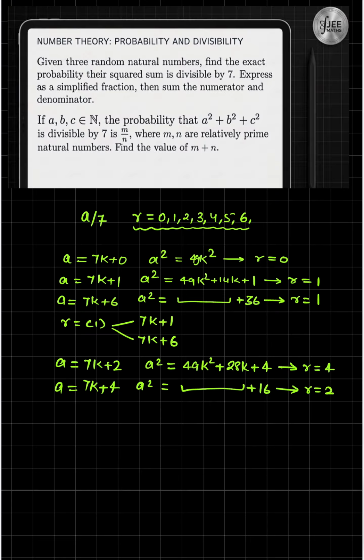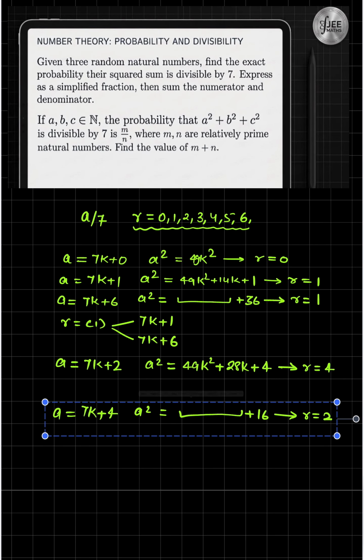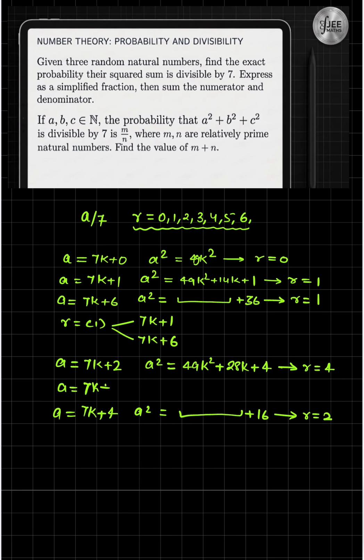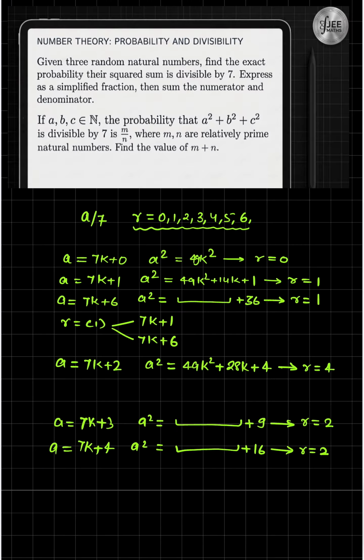Now if we choose a to be of type 7k plus 3, then on squaring, these two terms are multiples of 7 and this is 9. When we divide this by 7, we get remainder 2. Correct. And if we choose a of type 7k plus 5, then after squaring, these two terms will be multiples of 7, plus 25.